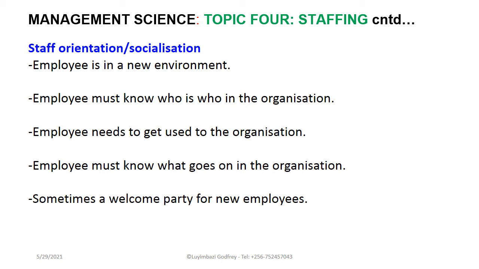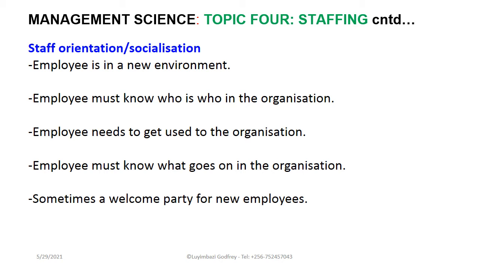Various organizations have their own values. For example, non-discrimination, non-segregation. These are some of the values that a number of formal organizations cherish. So the employee must be socialized into these new values. That's why staff orientation and staff socialization is quite important.